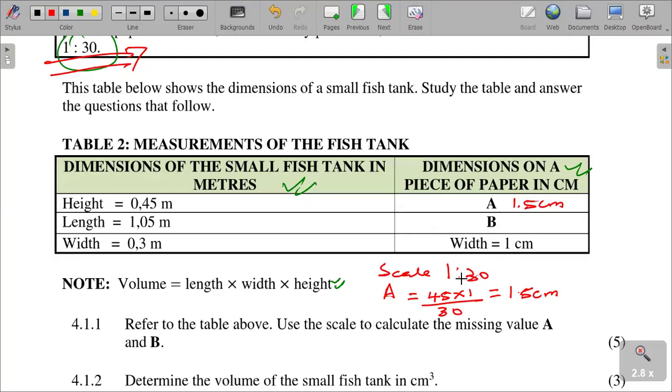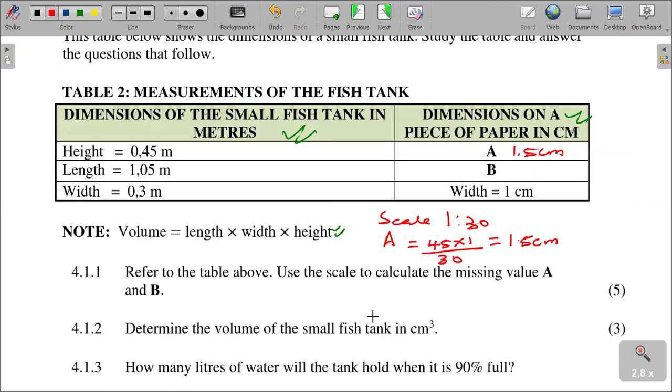And then B: B is equal to 105 times 1/30, and this is going to give us 3.5 centimeters.